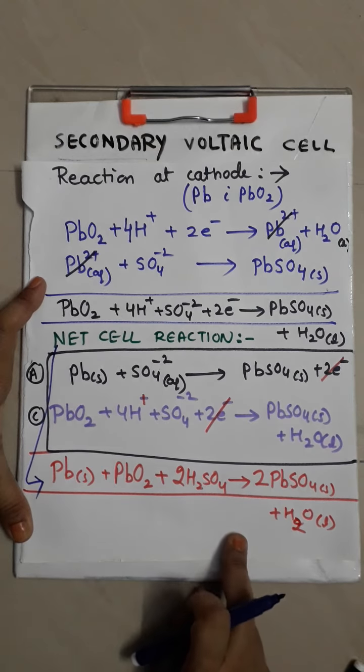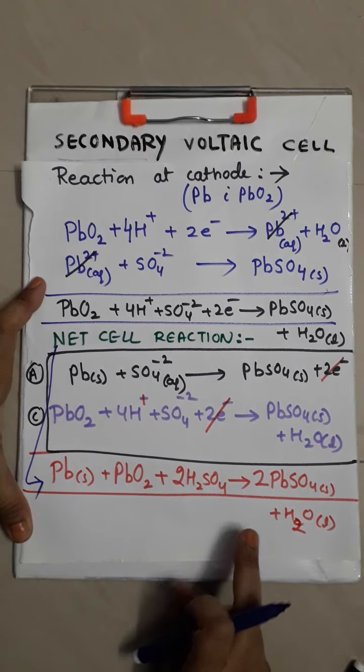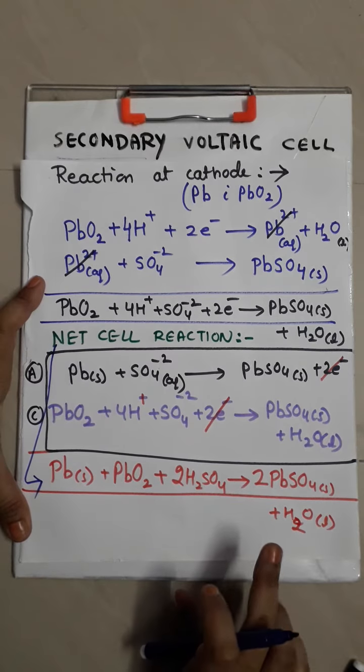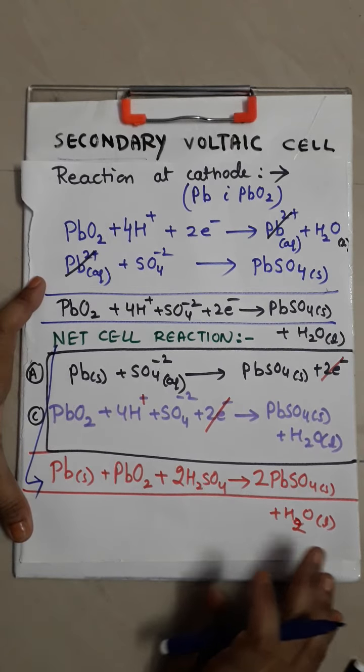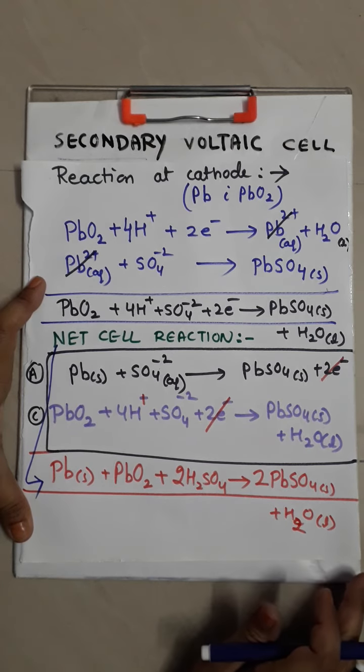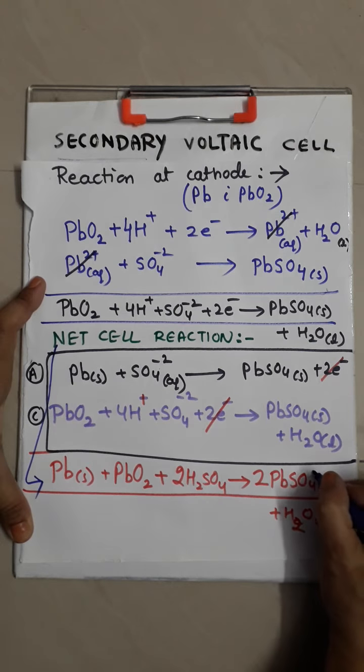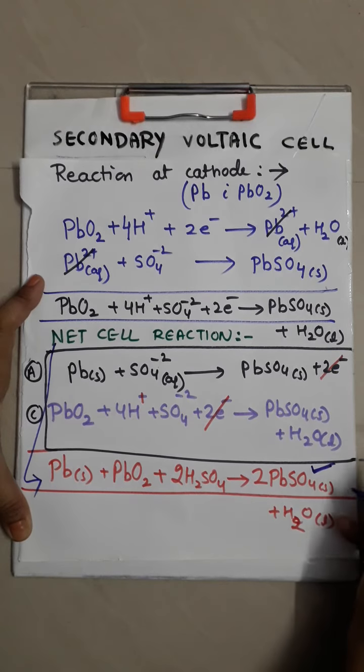The meaning is that when the battery, when the inverter is getting consumed completely, what is happening is that at the anode as well as the cathode there is deposition of PbSO4 solid.